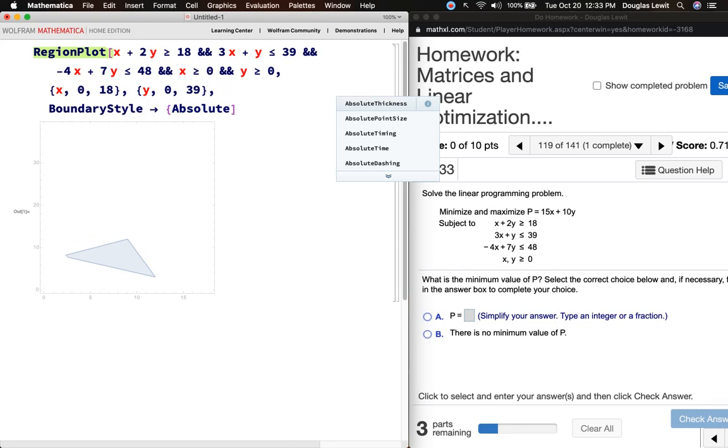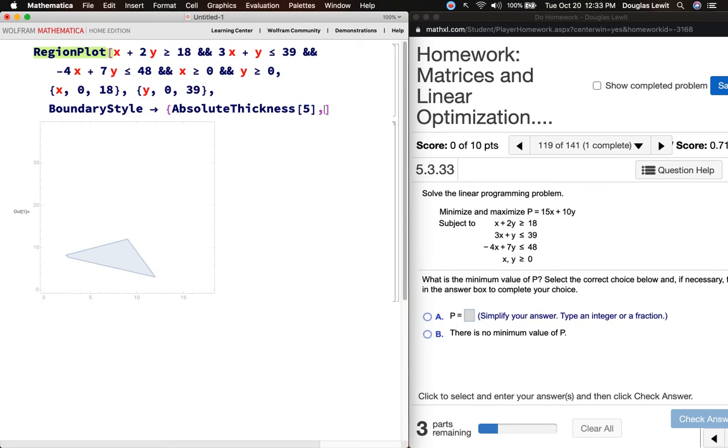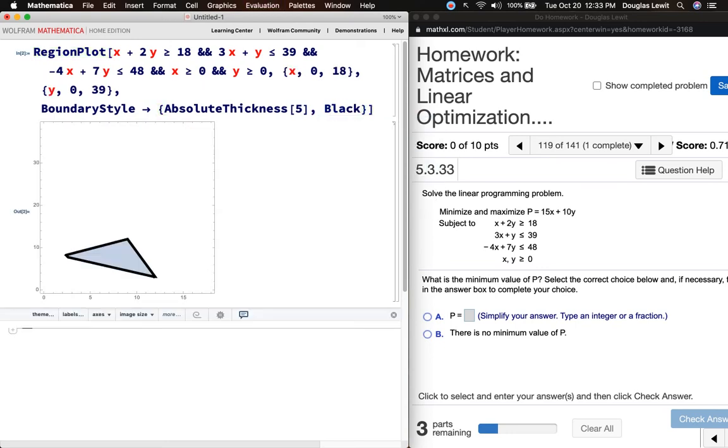Excuse me, I have a terribly sore throat today. Let's make that a nice thick line, and let's make it black. Okay, that looks good. And these tick marks could certainly be a little bit bigger.